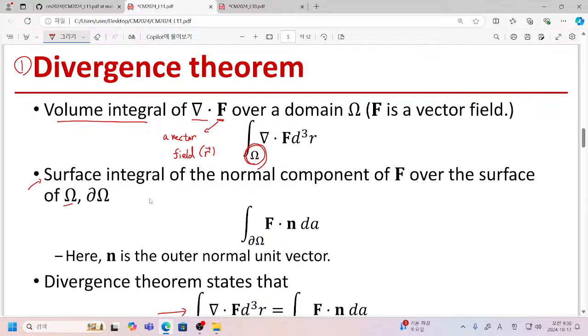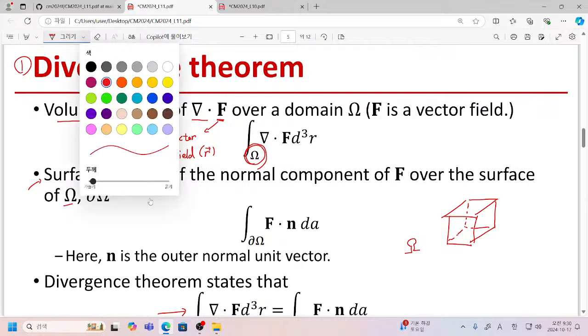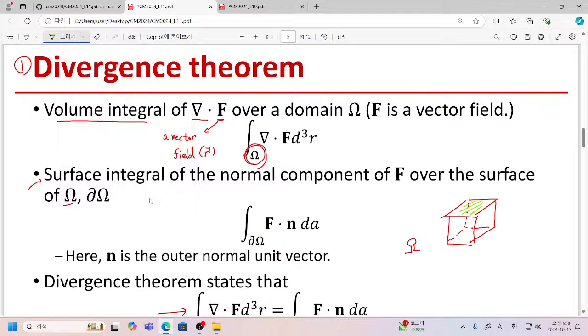For example, let's say that this small box corresponds to omega. Then what is its surface? Its surface can be identified as a set of 6 surfaces, shown here and there.